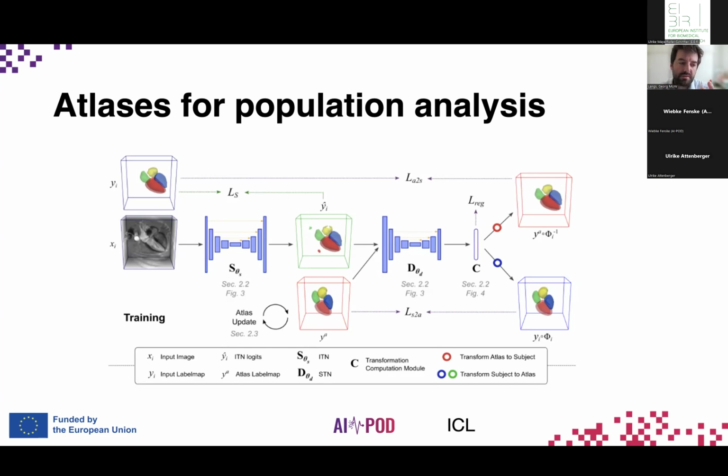And this common, and we call it Atlas reference system, allows us to be quantitative about this comparison and the summary and the inference across the entire population.